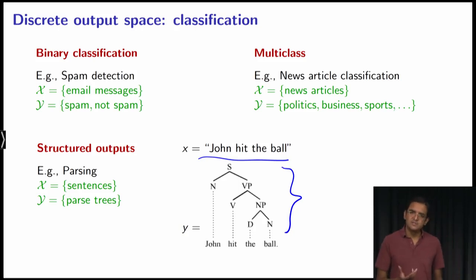So the output space is still finite, it's still discrete, but it's more complex and it has a certain kind of structure to it. What we'll be doing is devoting a large amount of attention to binary classification, because this is a nice and simple setting in which to study prediction problems. It'll then turn out that the methods we develop can generalize quite easily to the other two settings as well, to multi-class and structured outputs.